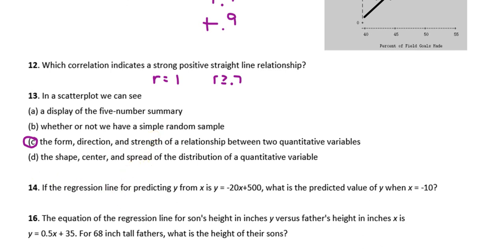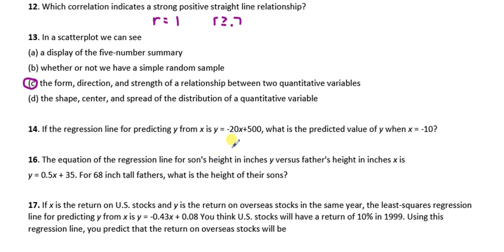And the last couple questions are really just plugging in x. So when x equals -10, that would be -10 times -20. That's going to be positive 200 plus 500, so y will equal 700. So just plug in -10 for x. Just be careful with your negatives there. Y equals -20 times -10.